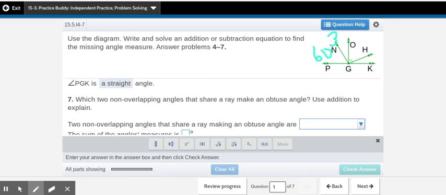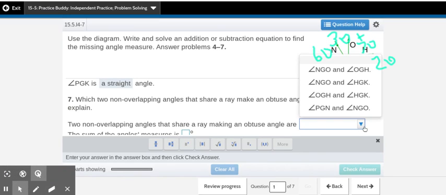This one was 30. This one was 70. This one was 20. Now, looking at the options, they said 30 and 70. That is obtuse. That gives us what? 100. If we add these together, it gives us 100 degrees. So that's an option.